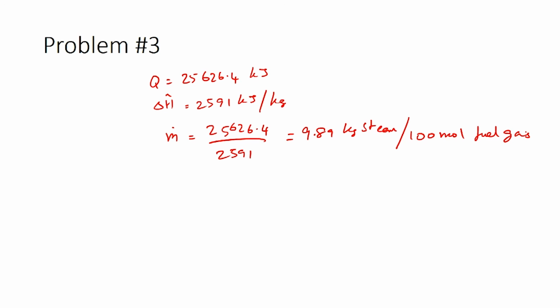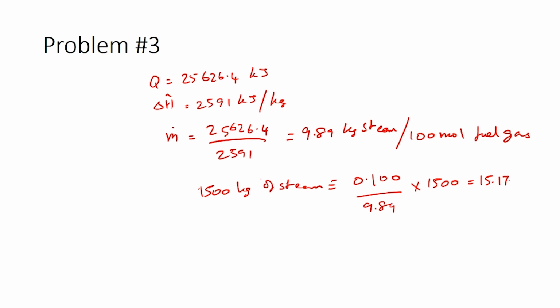So, to calculate the amount of fuel gas which needs to be burnt to produce 1500 kilograms of steam, we just perform a simple calculation: 0.1 divided by 9.89 times 1500, where 0.1 is the number of kilomoles of fuel gas burnt, giving us 15.17 kilomoles per hour.